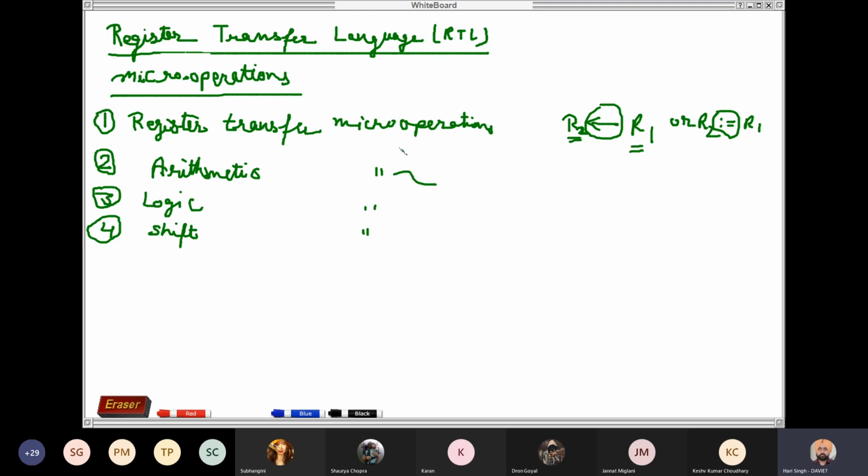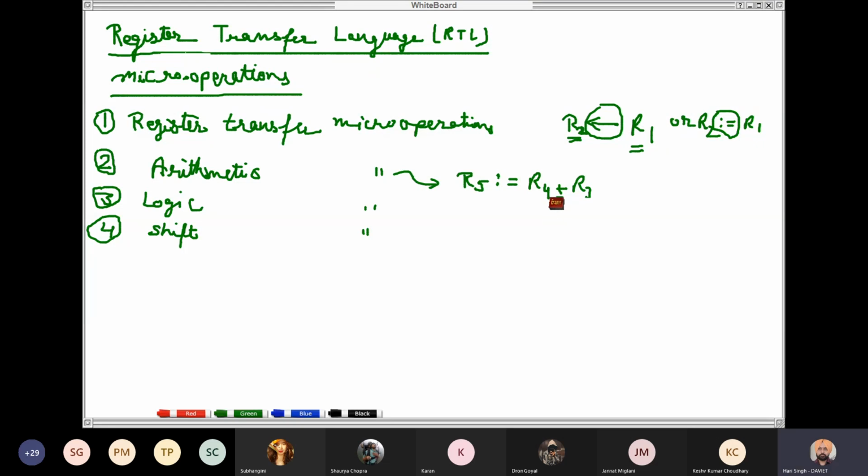Then comes arithmetic operation. Arithmetic operations 8085 can perform are addition and subtraction, increment and decrement. For example, if I write R5 equal to R4 plus R3, this plus indicates that the operation being performed is an arithmetic operation.